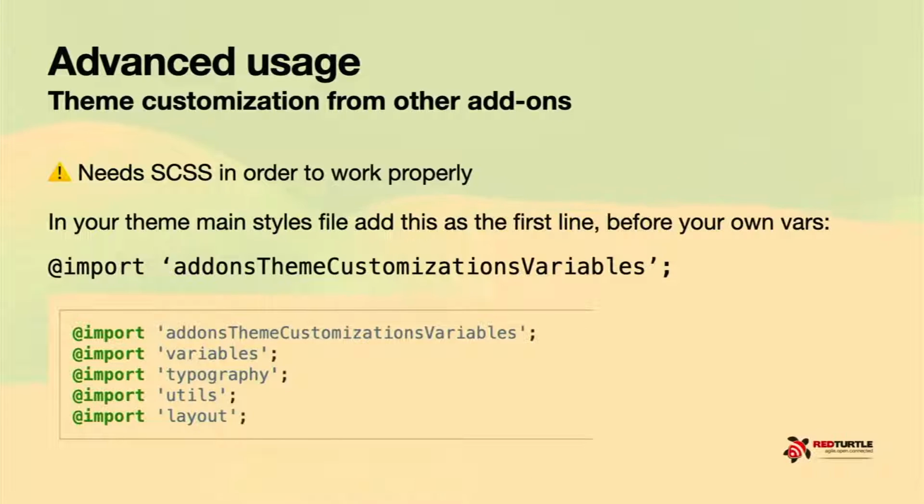But variables you want to add before the theme variables, because SCSS has the default key, and that's explained in the documentation. I won't go too deep into it. But you should define variables in your main theme with the default key in order for them to be easily overridable by the other things.